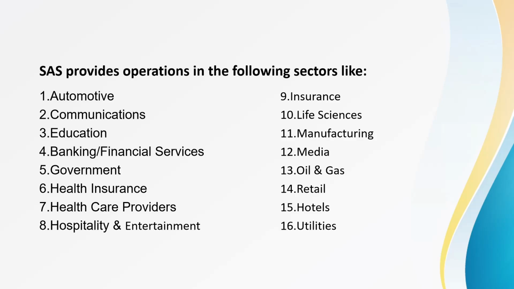For example, if we take oil and gas, the price of oil and gas fluctuates every day, depending upon the demand and supply. SAS provides insight on the data upon the prices of oil and gas. In the same way, in the retail sector, data depending upon the customers' interest in products and the buying habits of the customers is generated every day.